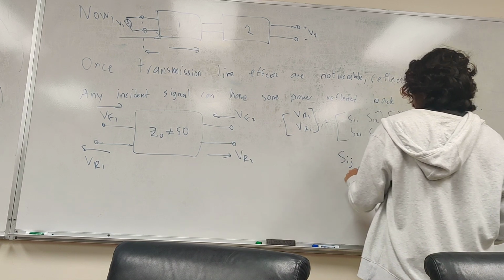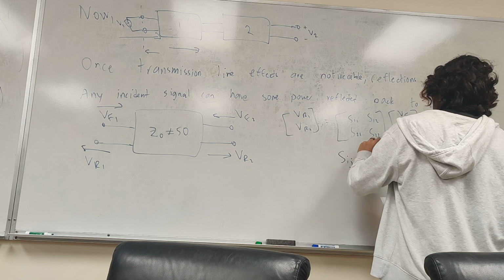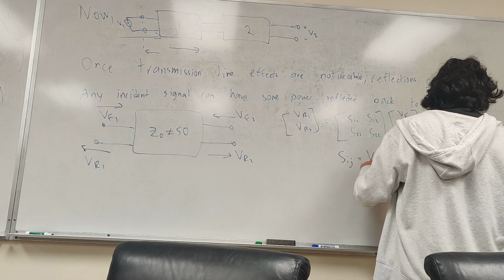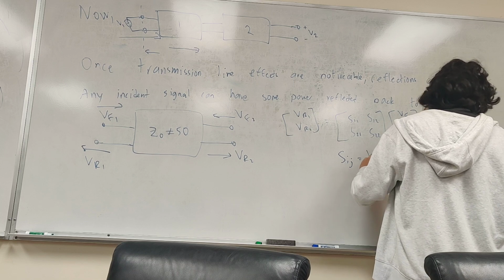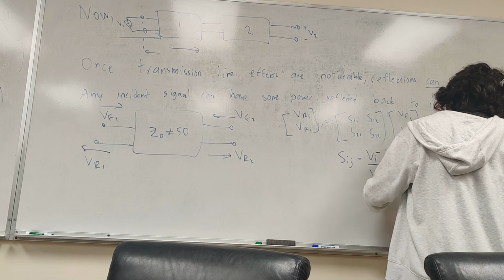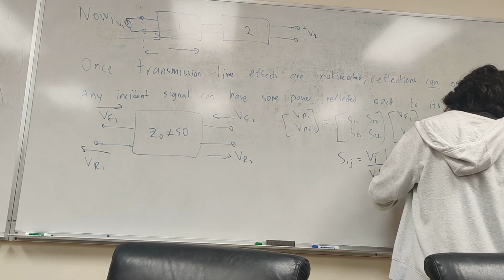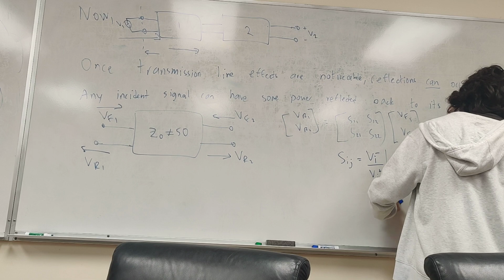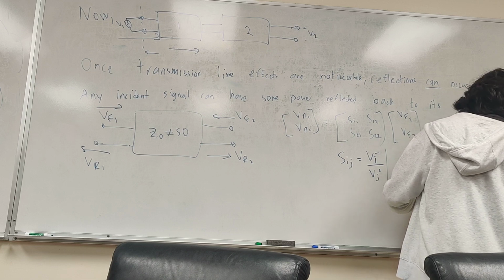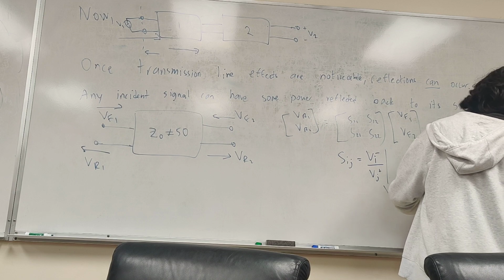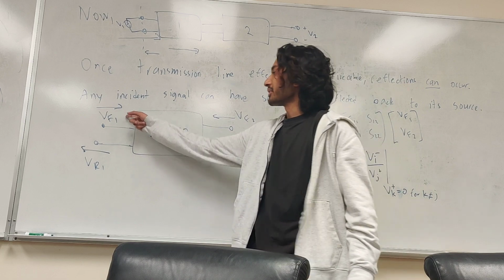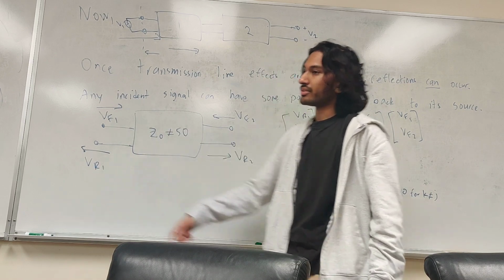So Si,j is going to be Vi minus over Vj plus, and the plus and minus just mean the plus is your forward and the minus is whatever's reflected.